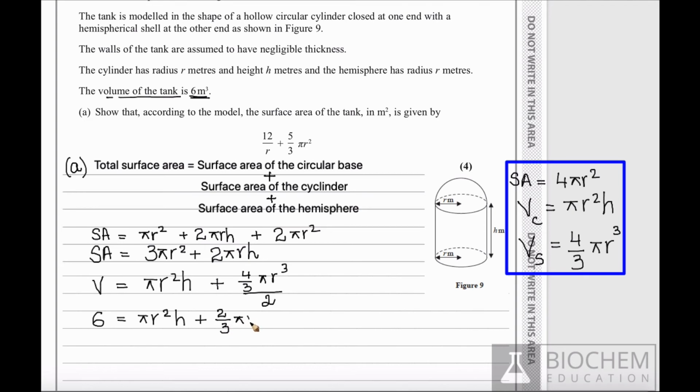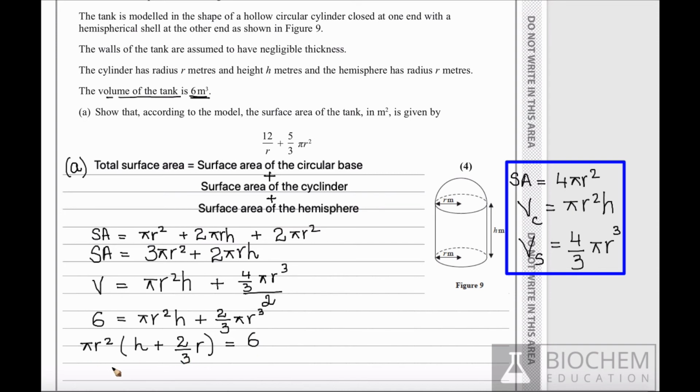pi r cube. Let's factorize this equation, and I'm going to bring 6 to this side and this to the left. So I can write this as pi r square, bracket, h plus 2/3 r, bracket close, equals 6.